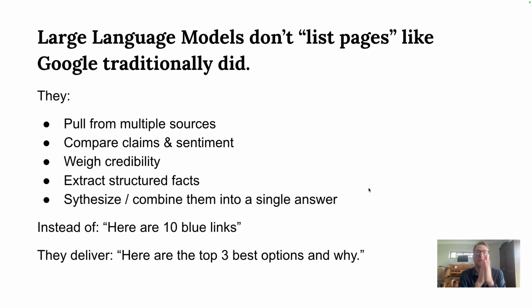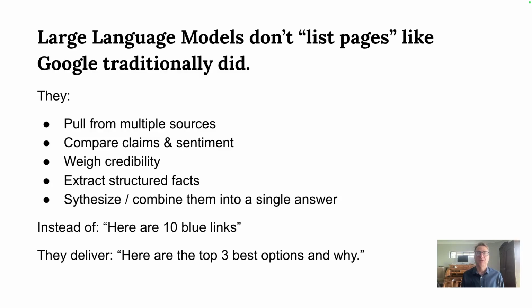Large language models don't list pages like Google traditionally did. They pull from multiple sources, compare claims and sentiment, weigh credibility, extract facts, and then synthesize it in a concise single answer.